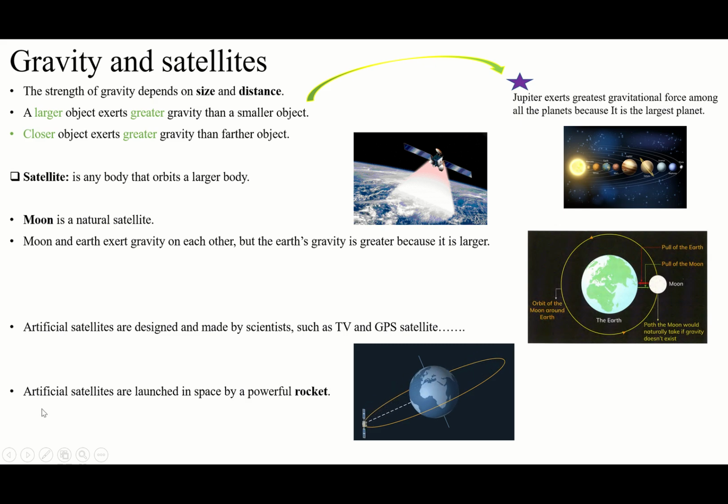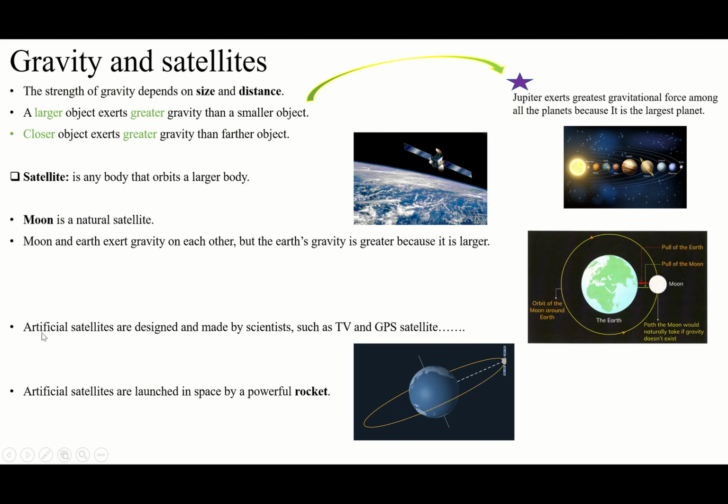So, artificial satellites are launched in space by a powerful rocket. I mean, artificial satellites are launched, sent and stabilized in space by a powerful rocket. When they send them to space, they have to use this powerful rocket. The rocket is very important for sending them because that's the only way to send them.